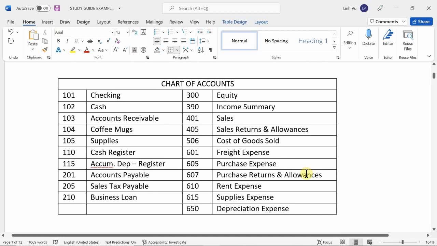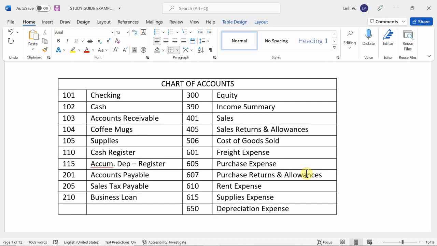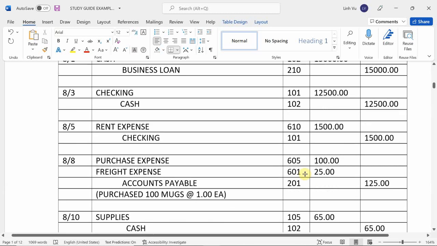So we have to adjust our supplies, which means my supplies are going to be decreased. What account should represent that? The supplies expense, because we used the items. Supplies expense is account 615 and supplies is 105.